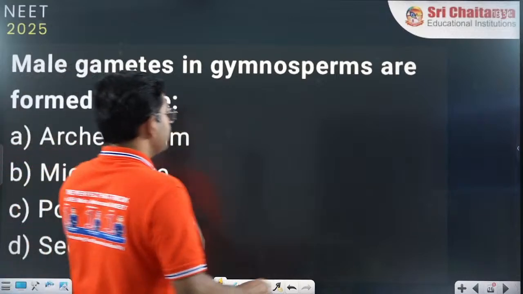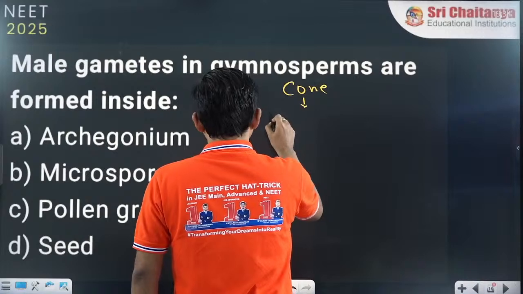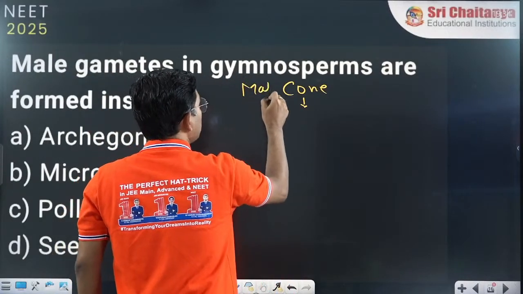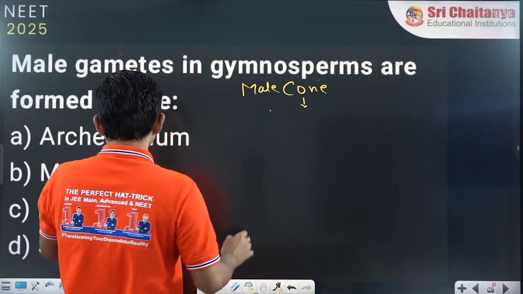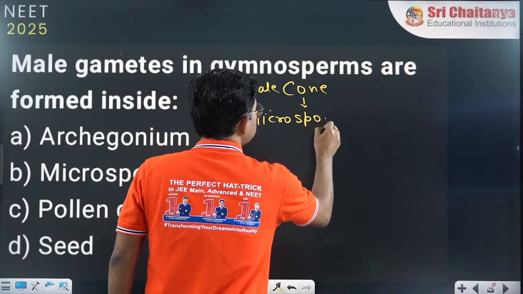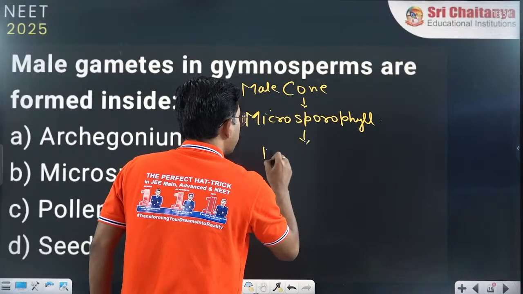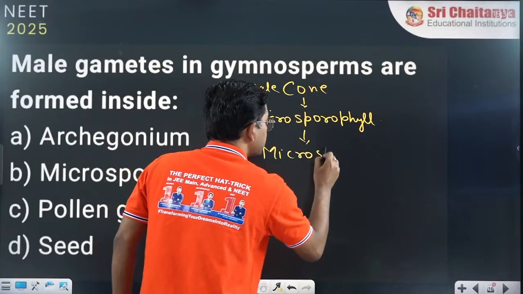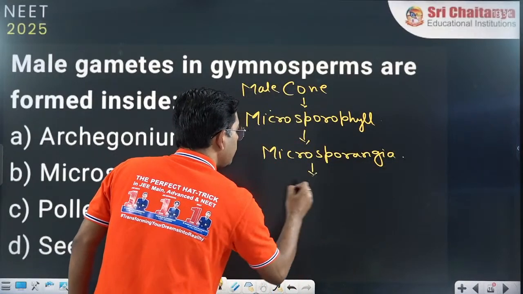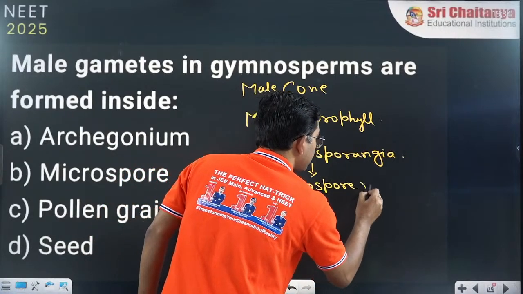Here, see what I have told you. Since it is about male gamete, we will take the male cone, right? The male cone has microsporophyll, which has microsporangia, which has microspore mother cell.